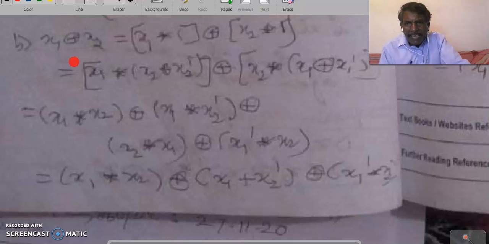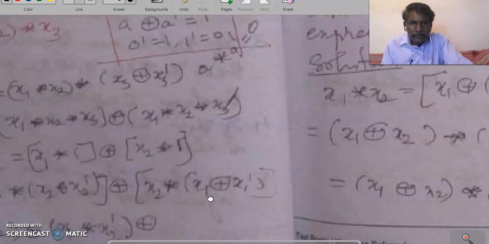So the given expression x1 join x2 we have written as the sum of products of the Boolean variables. This is called sum of products. From this, what we understand is that a Boolean expression can be changed into product of sums and sum of products.